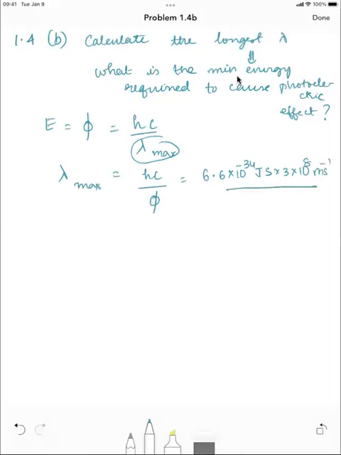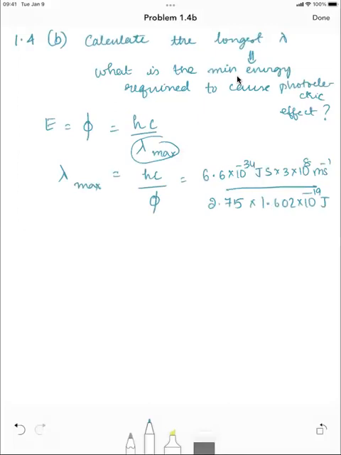And we know that the work function is 2.75 electron volts, where 1 electron volt is equal to 1.602 times 10 to the negative 19 joule.